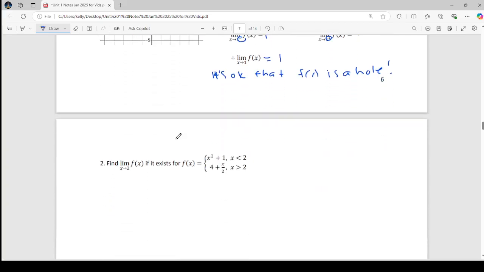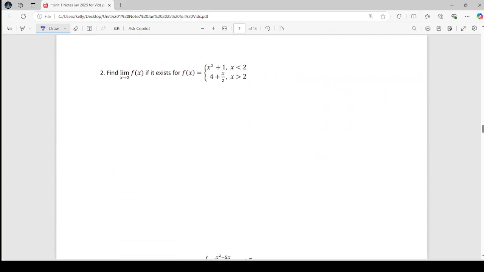So algebraically, let's find the limit of f at x as x approaches 2 if it exists. With a piecewise function, we've got two pieces, and they're not joining because one's less than 2 and one's greater than 2. So f at 2 is not defined. But let's see what's happening around 2.